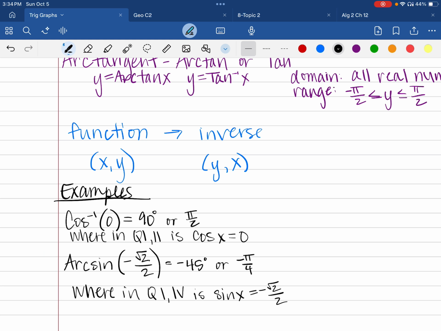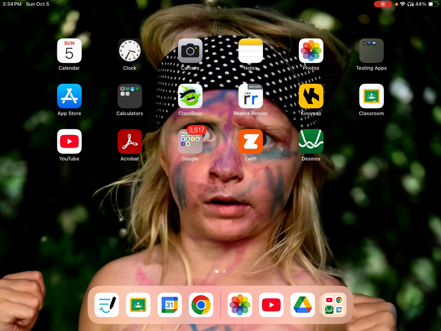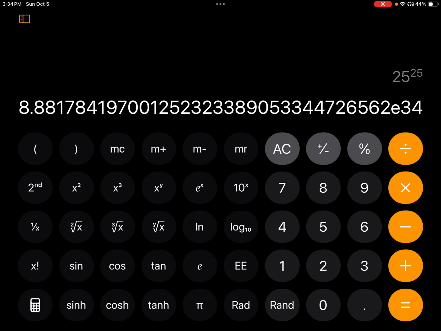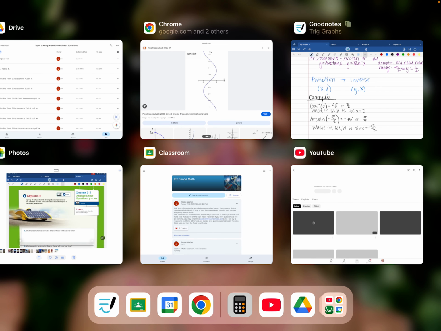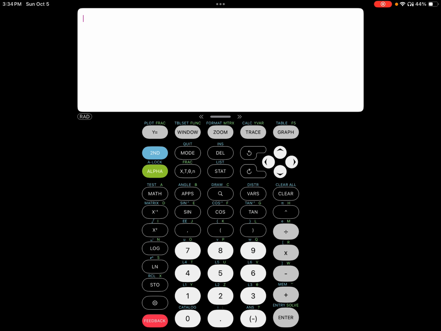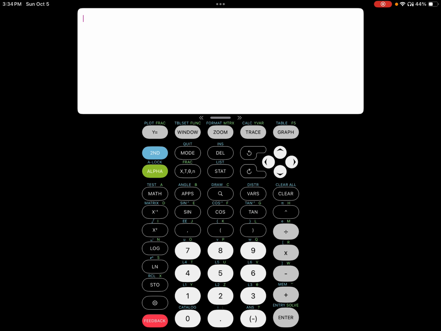You can do this on the calculator. I would start out by making sure that your calculator is in degrees, and then turn your answer into radians by using your unit circle, which I think might be easier to do.